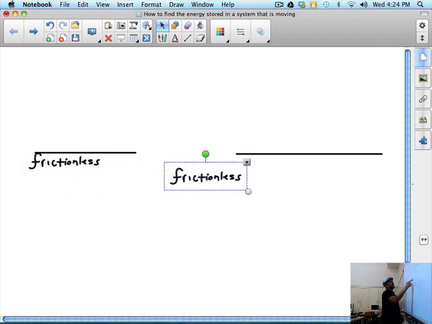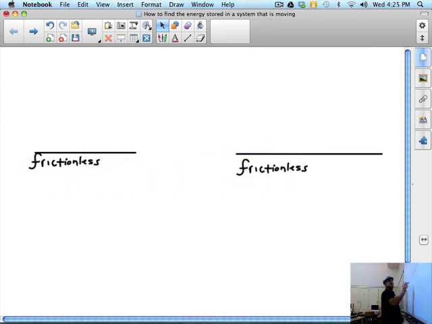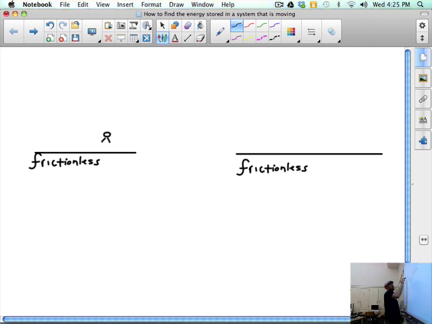And we'll imagine that you drag a block or a box across the ground. So this is you dragging a box across the ground using a rope, okay? But at the first moment in time, time zero, none of this is moving.